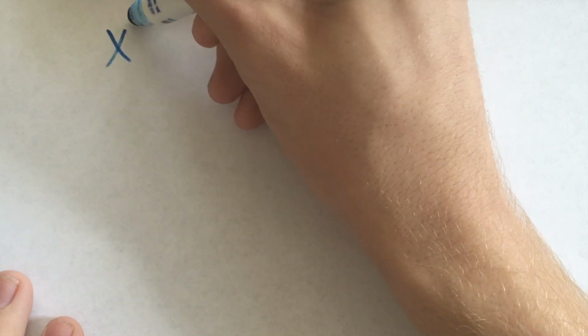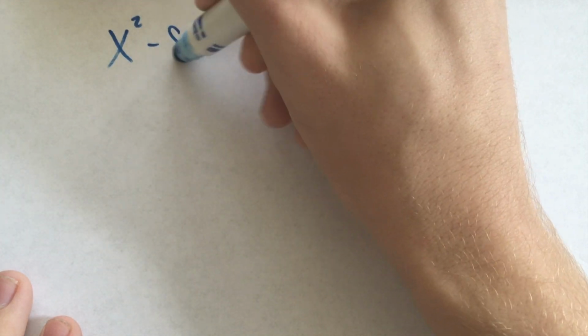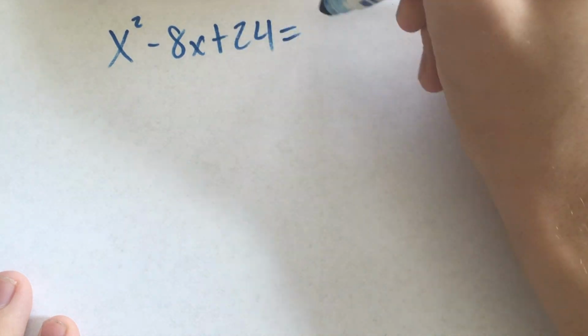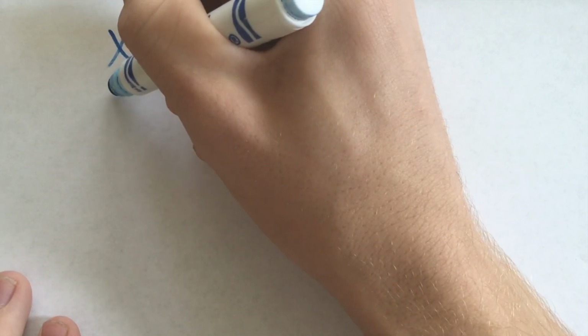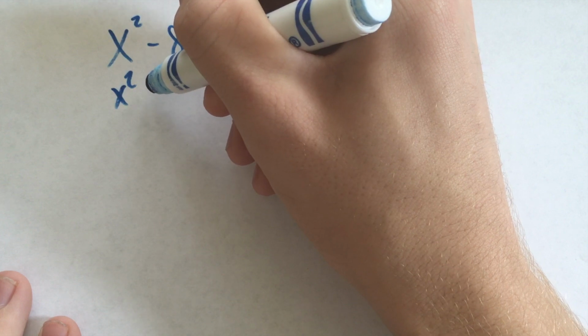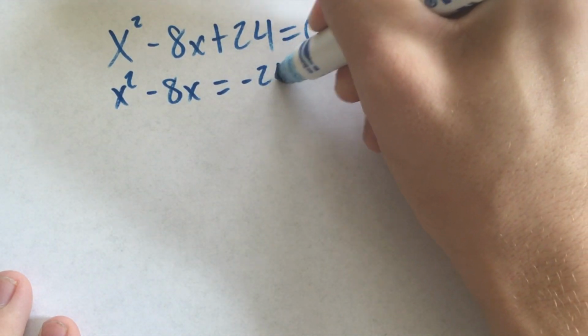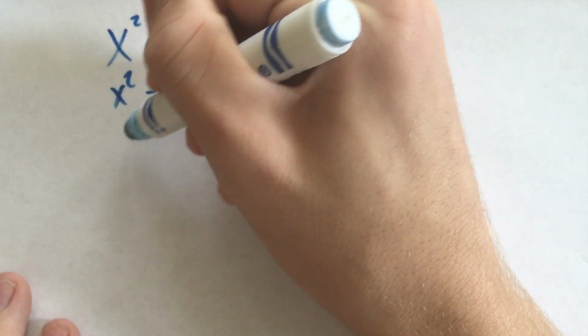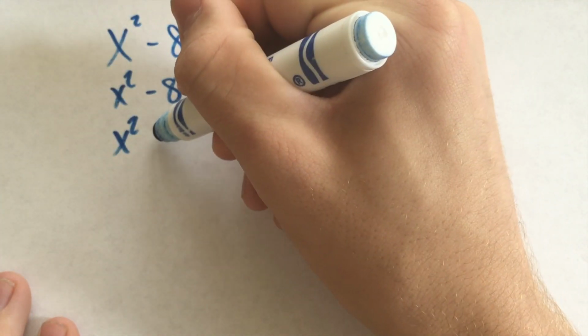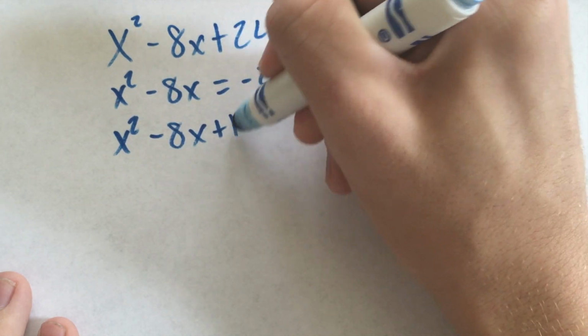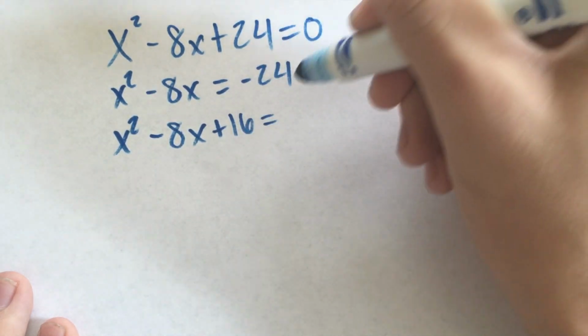Hola! Today we will be doing a completing the square problem. We're going to start with the equation x squared minus 8x plus 24 equals 0. We're going to get rid of the 24 by subtracting it from both sides. And then we are going to find the square by dividing 8x by 2 and then squaring that and getting 16.